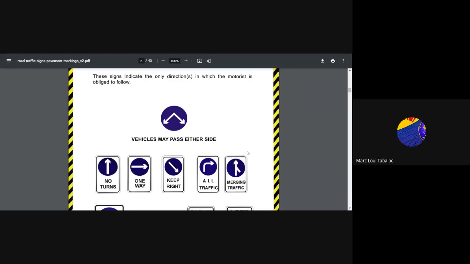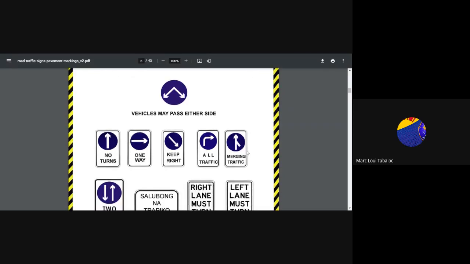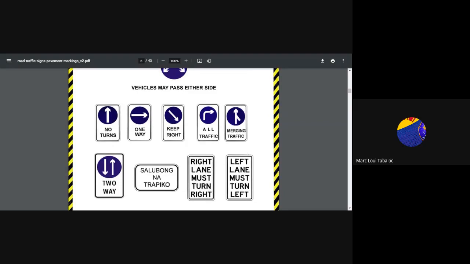When I say merging traffic, two roads would bifurcate or mag-connect at one point and then ang continuation is na sila sa isang roadway. Okay? Commonly, it's in English. Pwede rin sa Tagalog yan. Yan yung flexibility ng mga road signs dito sa atin.